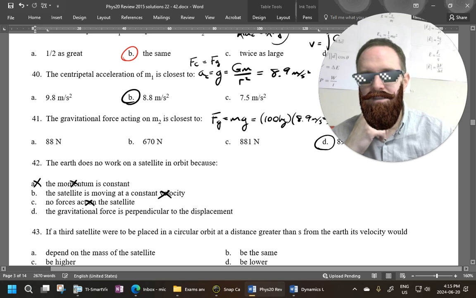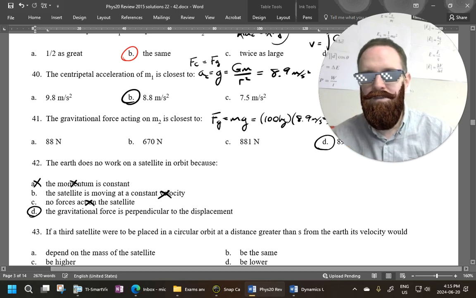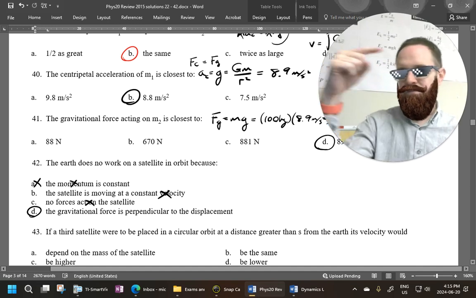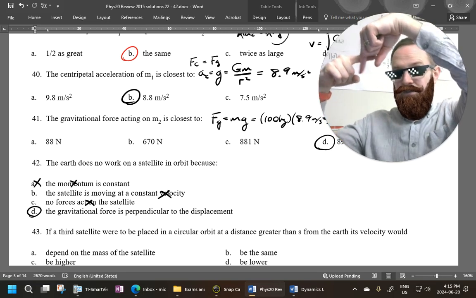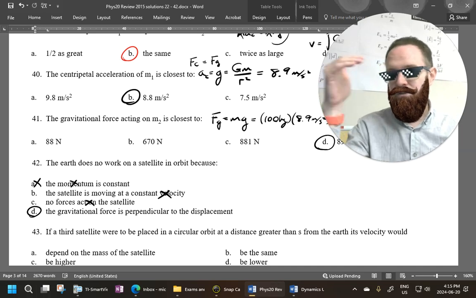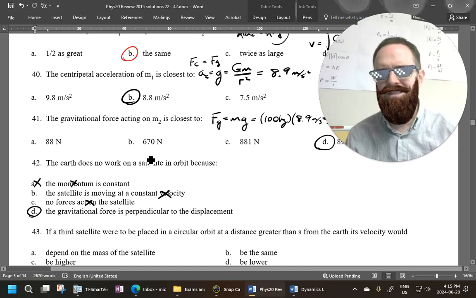Doesn't make any sense. The gravitational force is perpendicular to its displacement, yeah, because it's always perpendicular. Right? If I'm moving this way and the force of gravity is this way, they're not going to affect each other. They're going to change the direction, but they're not going to change that thing. So there's just no work done to it. So it's got to be D on that one.